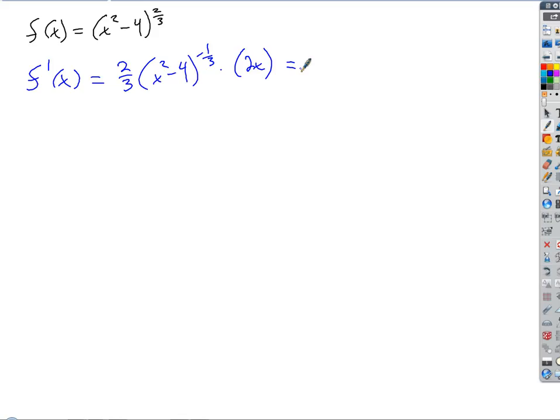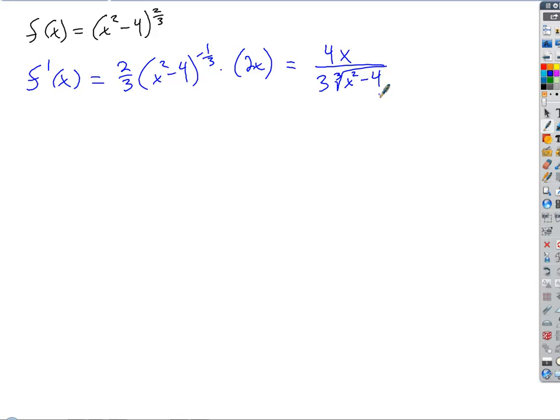That's a good idea, right? So we're going to write this then as, what goes on the top? 2 times the 2x, so 4x. What goes on the bottom? 3 times the cube root of x squared minus 4. Right?